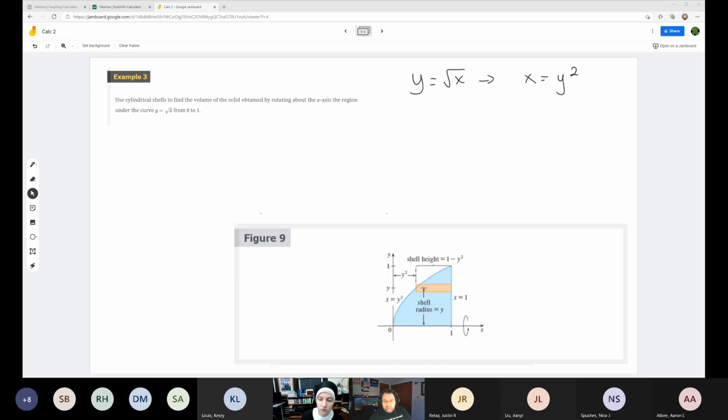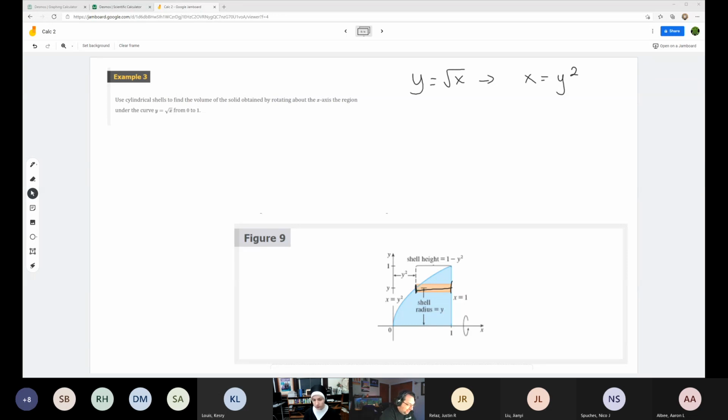Yes, radius and height just depend on which method we're using. So now I'm looking at my height from here to here. That's the height of my shell.